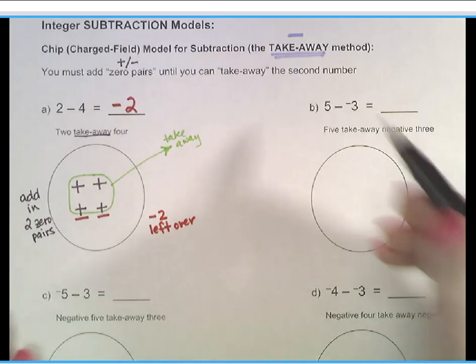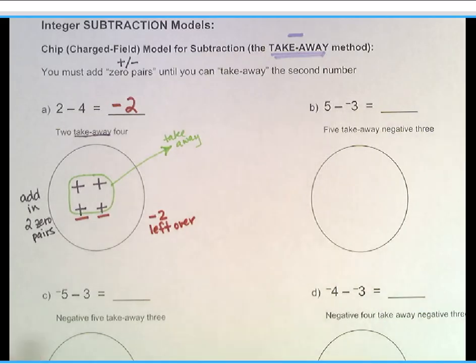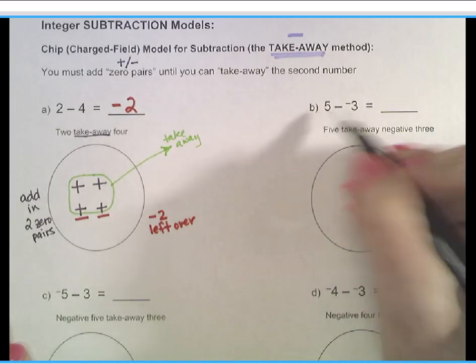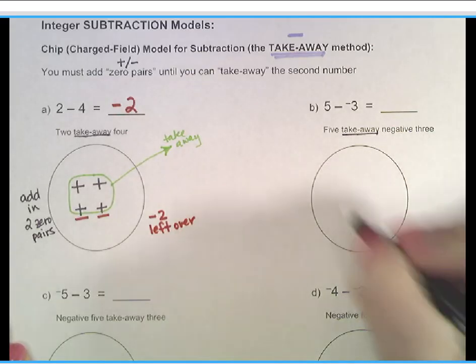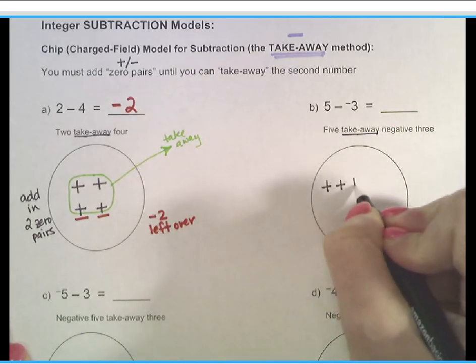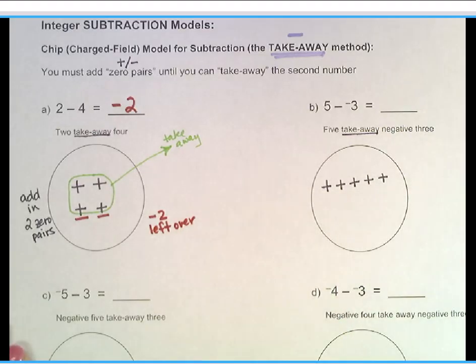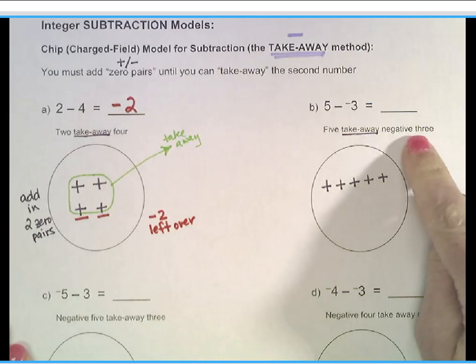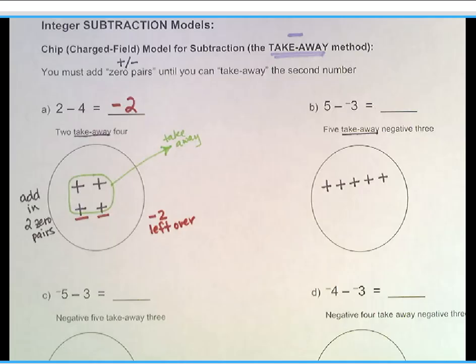The next one is 5 minus negative 3, and you see there's a double negative in there. Okay, so what this says in words is 5 take away negative 3. So the first thing I'm going to do is I'm going to put in 5. There's 5. And I'm supposed to take away 3 negatives, but I don't have any negatives. So how am I going to get negatives, sneaky negatives that I don't have?